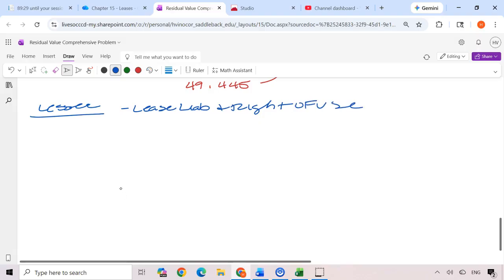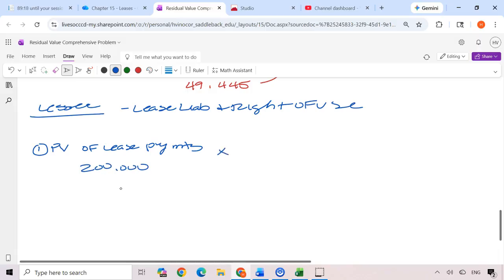The way we're going to calculate what those amounts should be is it's going to be two-part. Number one is going to be the present value of the lease payments. And we're told the lease payments are $200,000.